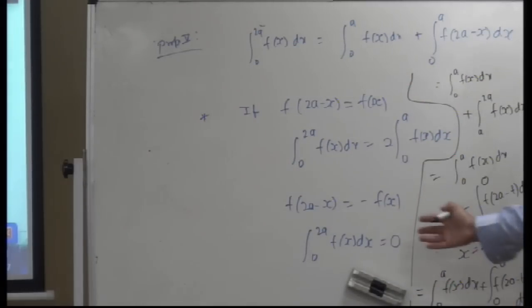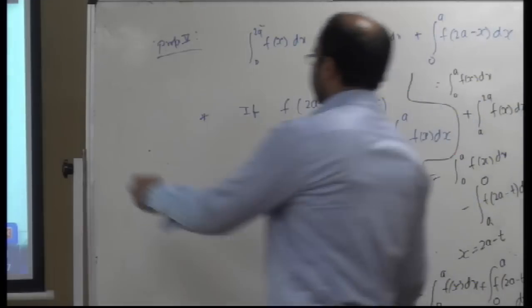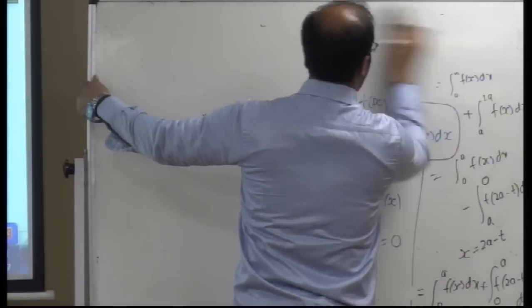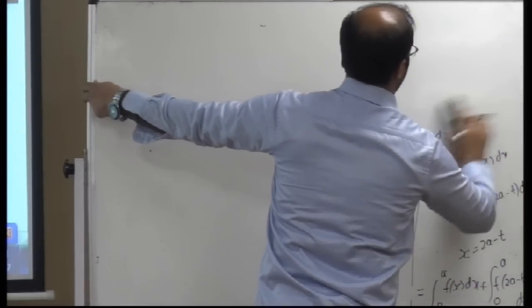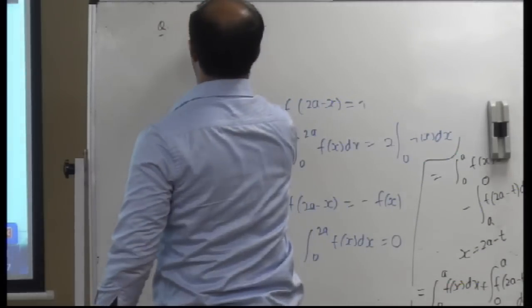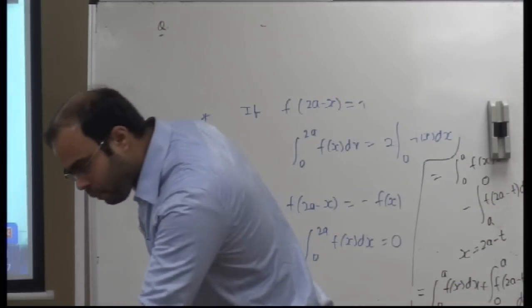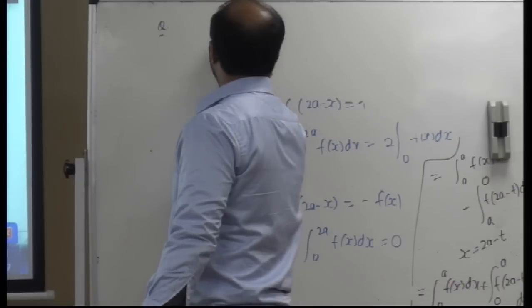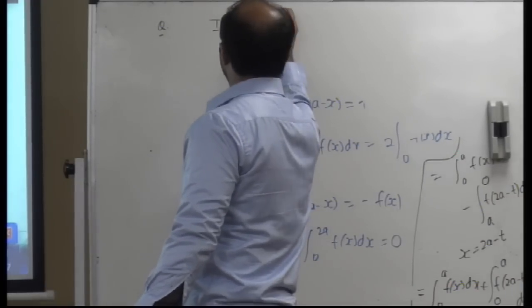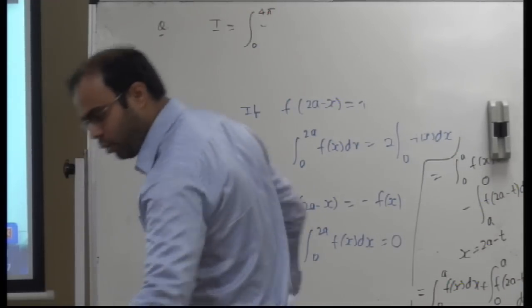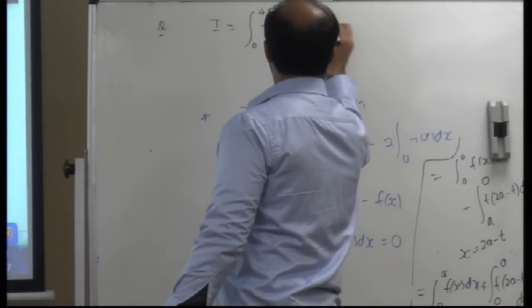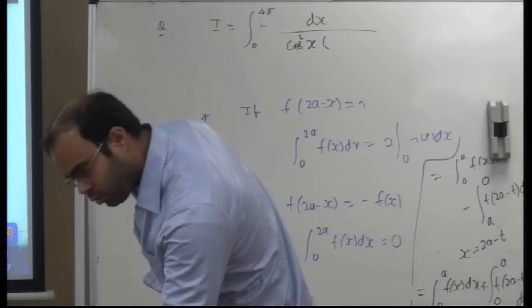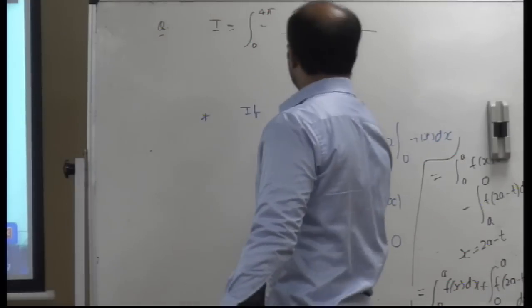In this one again, when we try to apply this property in the questions, like we get I equal to 0 to 4 pi dx by cos square x into 2 plus tan square x.